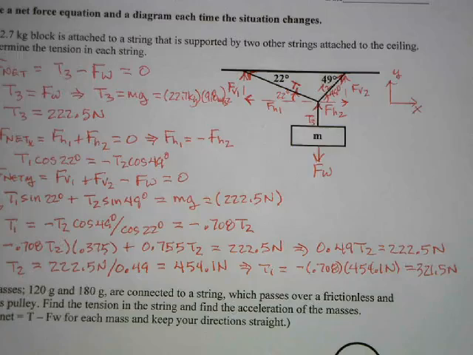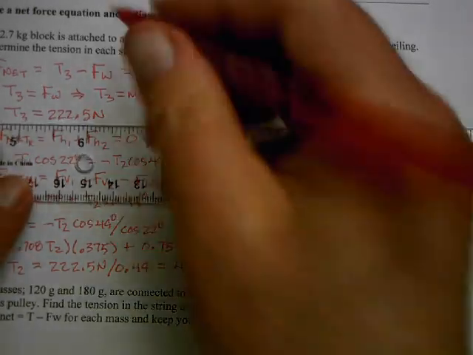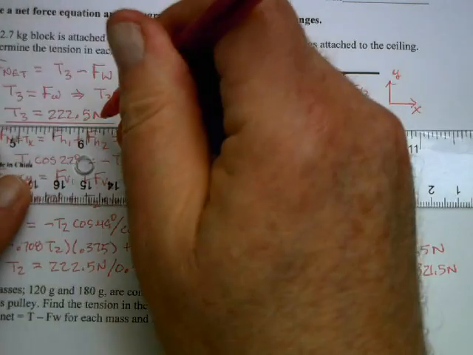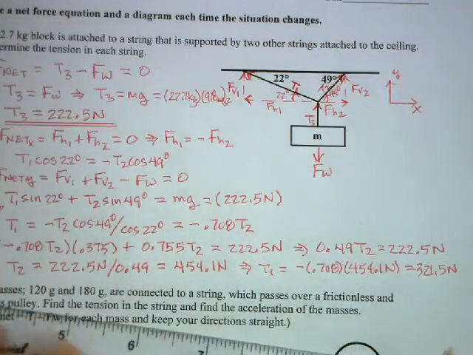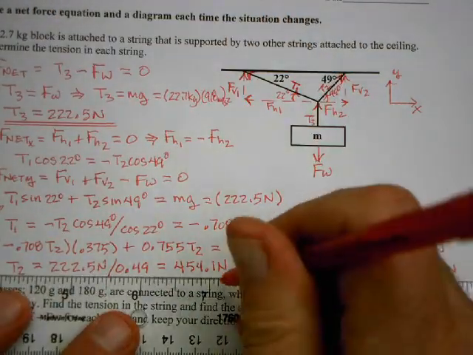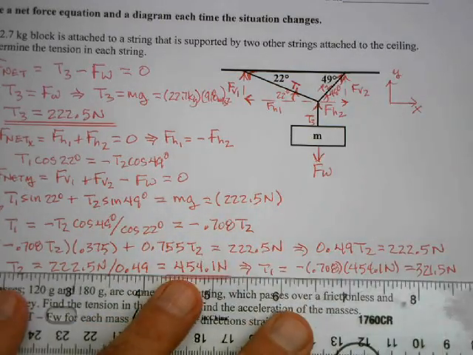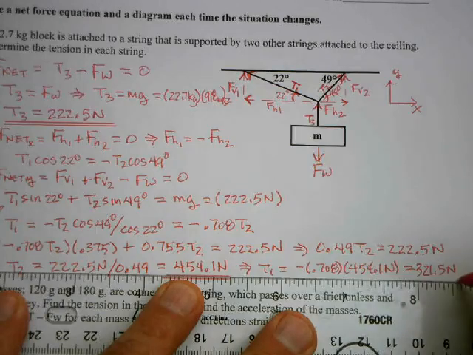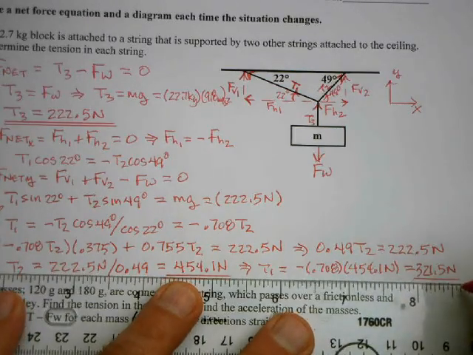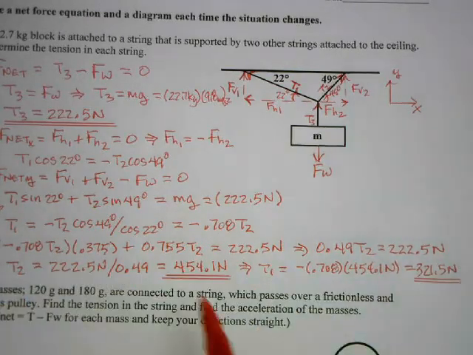And so up here is the tension in T3. Here is the tension in T2. And I left off the negative sign because that's just directional. It's to the left, whereas T2 is to the right, but the tension in T1 is 321.5.